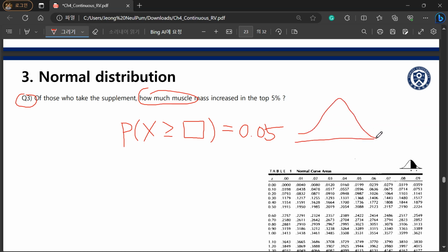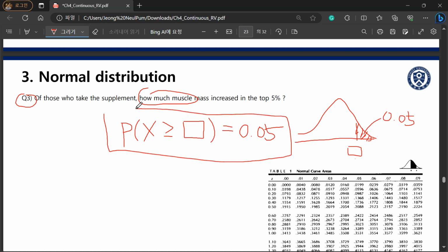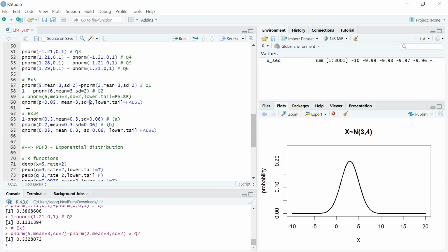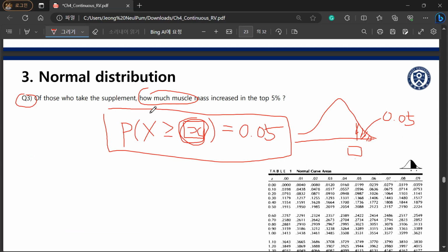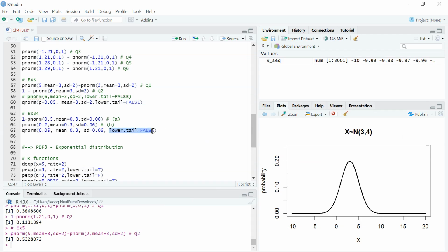So our target value here, small x, is the unknown, and this probability has to be 0.05. For getting it, we can utilize the q function, with lower.tail as FALSE, because we are dealing with the right part of our target value in our graph.